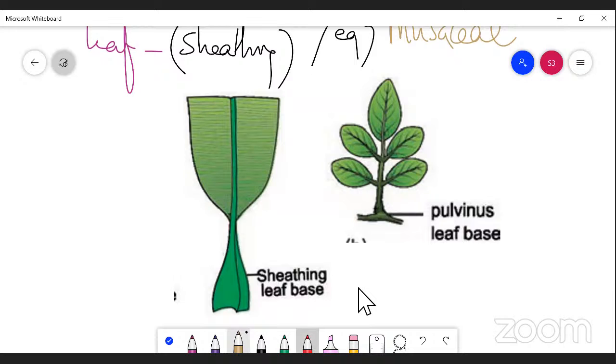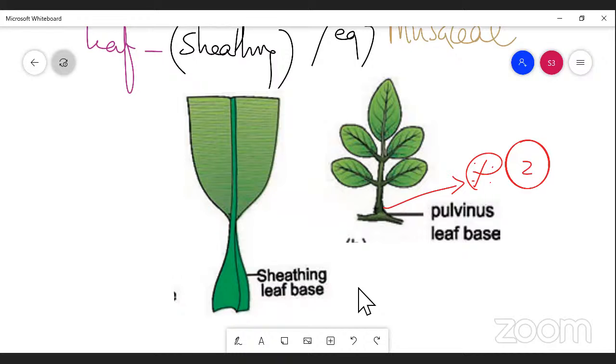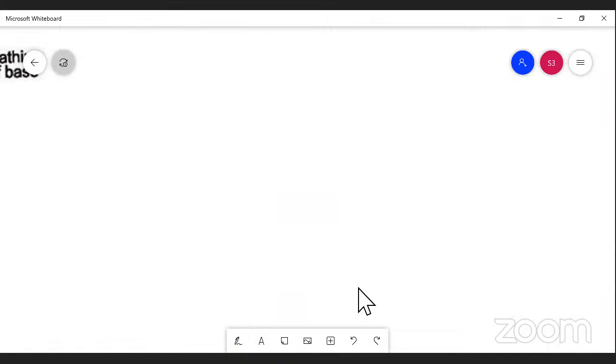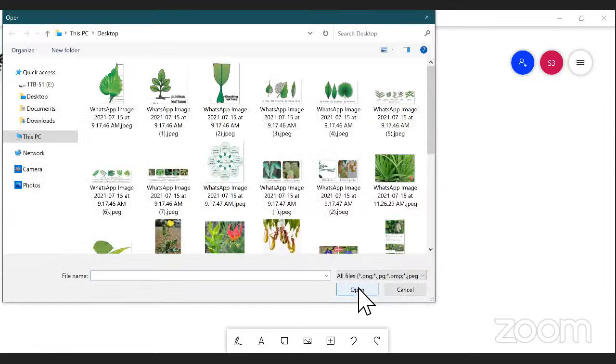Here, my dear students, you can expect two more questions. What is a pulvinus? The leaf base which becomes swollen in nature is called a pulvinus. Pulvinus is a characteristic feature of only leguminous plants, right? In addition to that, I'm going to show you some examples related to pulvinus.